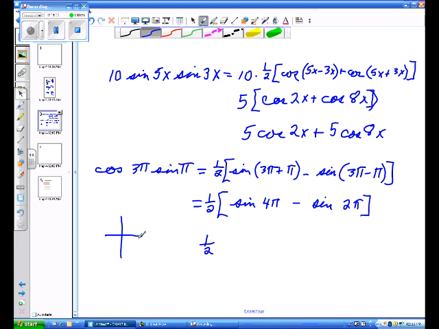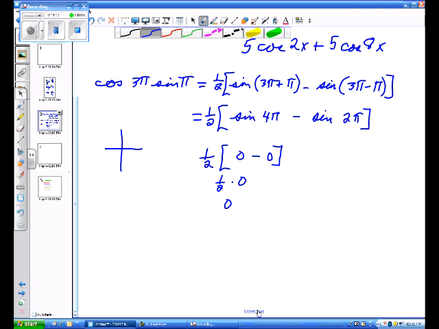So if we go all the way around again, that would be 4 pi. And so it's the same as the sine of 0, which is 0. Now the sine of 2 pi is 0. So we have 1/2 times 0, which is 0. So by putting this in, we actually can evaluate it.